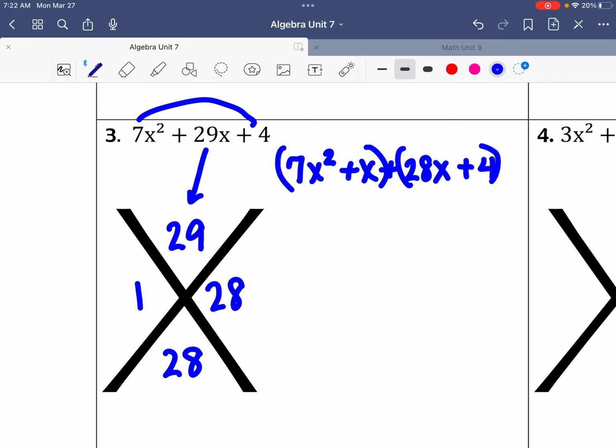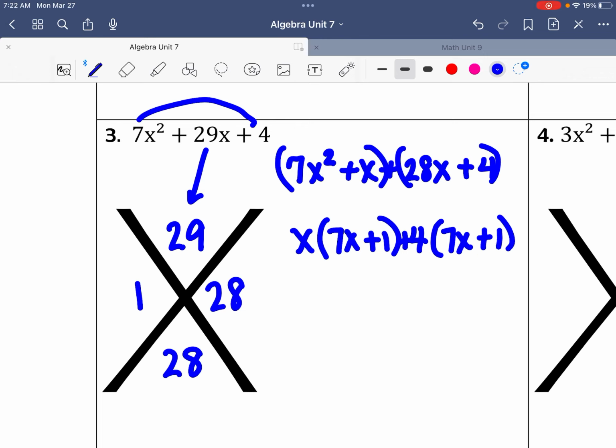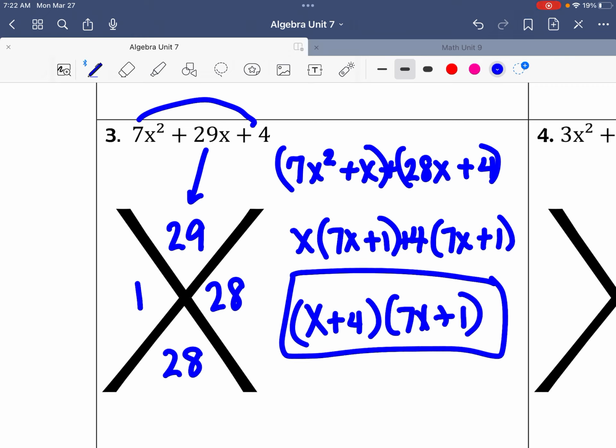Okay, so the greatest common factor here is going to be x. Then I have 7x plus 1. The greatest common factor here is 4, positive 4. Then I have 7x plus 1. So my factors are x plus 4 and 7x plus 1. End of story. Pretty easy, right?